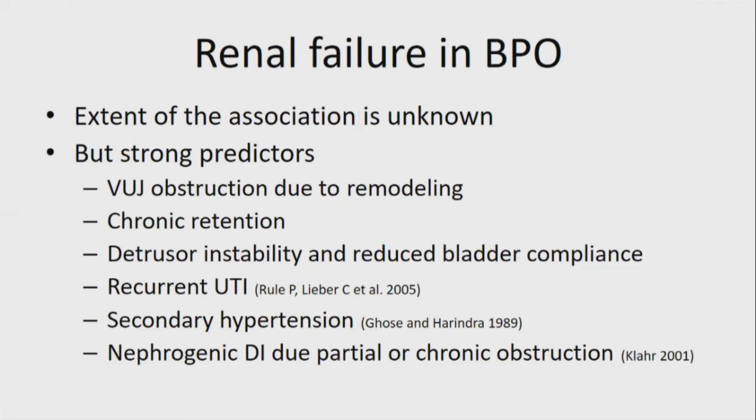BUG obstruction, chronic retention, unstable detrusor, recurrent episodes of UTI, hypertension secondary to obstruction causing nephrogenic diabetes insipidus.